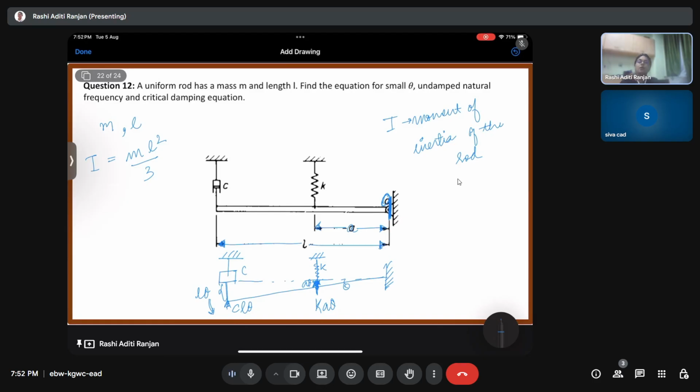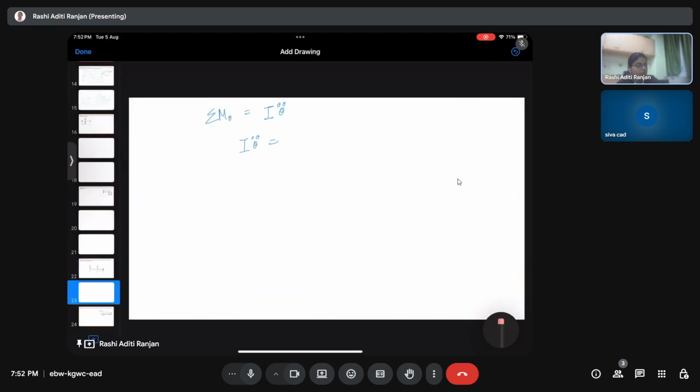So the moment is clockwise because of C L theta dot and K A theta. The moment is in the clockwise direction. Okay. So it comes with a minus. So you have minus K A theta into A. Then we have minus C L theta dot into L.